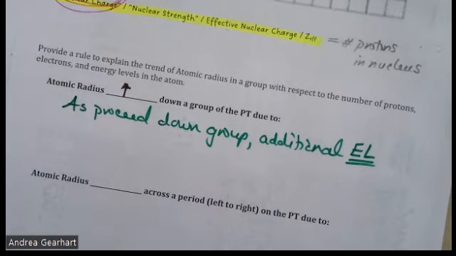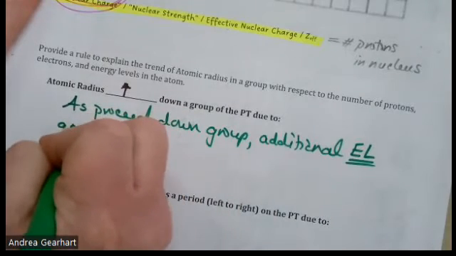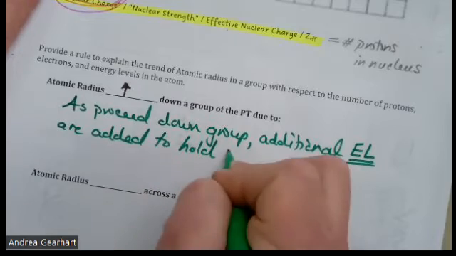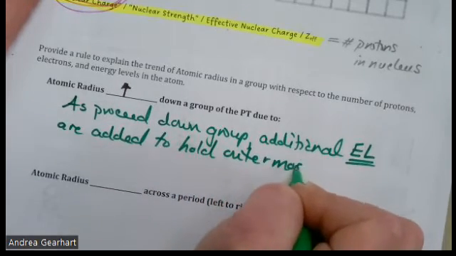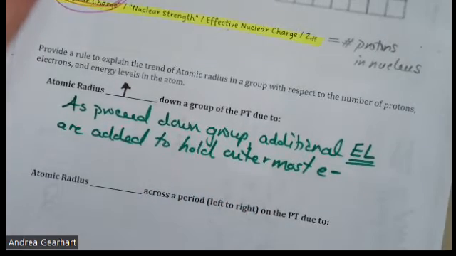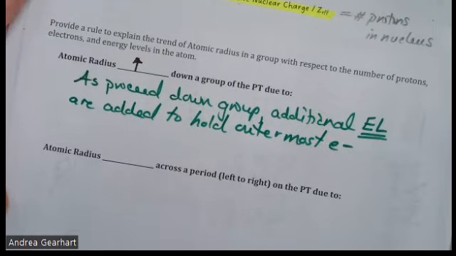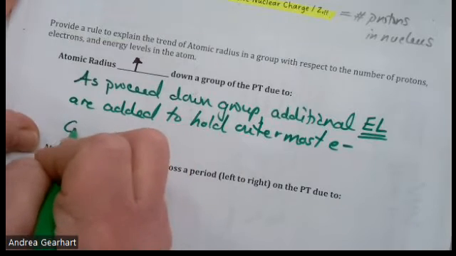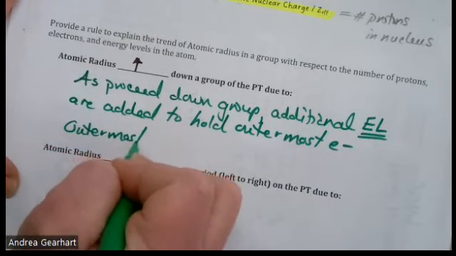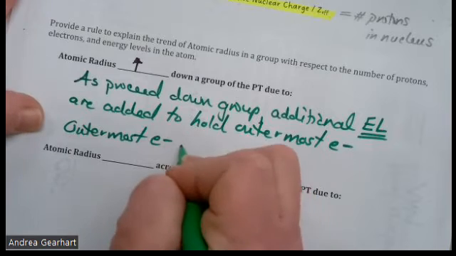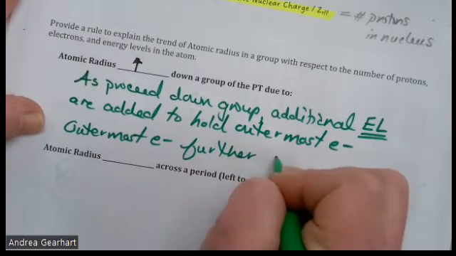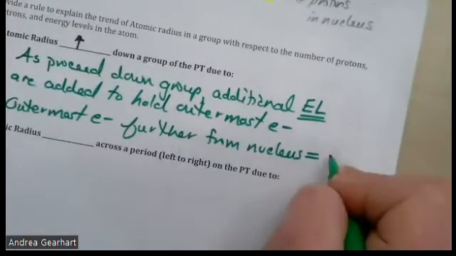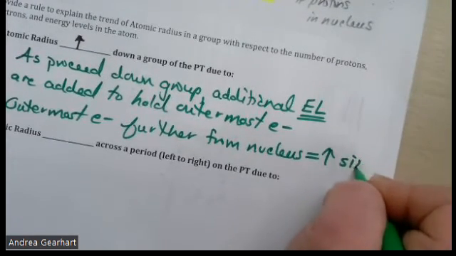So EL, energy level, additional energy levels are added to hold the outermost electrons. These outermost electrons are further from the nucleus, which equals increased size of atom.